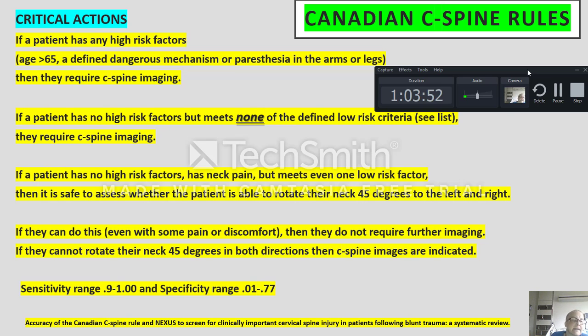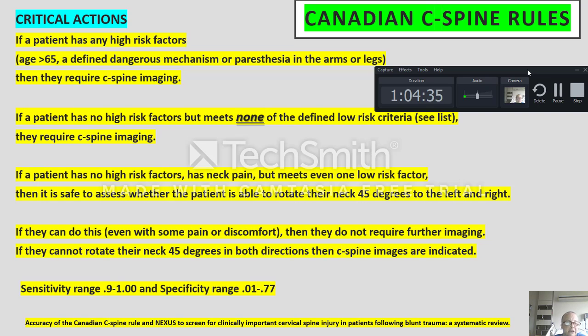So, if a patient has any high-risk factors, age greater than 65, a defined dangerous mechanism, or paresthesia in the arms or legs, then they require C-spine imaging. If the patient has no risk factors, but meets none, I gotta ask about that in class. Meets none? No, okay, I get it now. Meets none of the defined low-risk criteria, they require C-spine imaging.